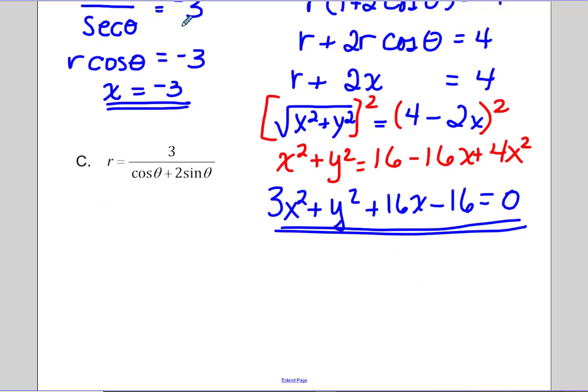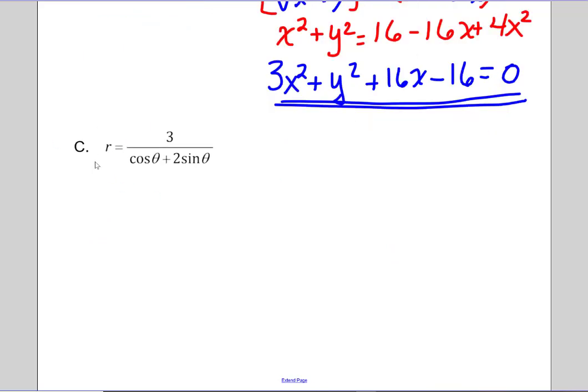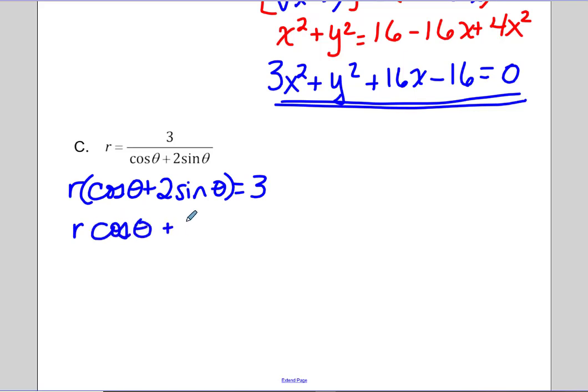And then finally for part C, we've got r times cosine theta plus 2 sine theta, and that's equal to 3. So r cosine theta plus 2r sine theta is equal to 3.